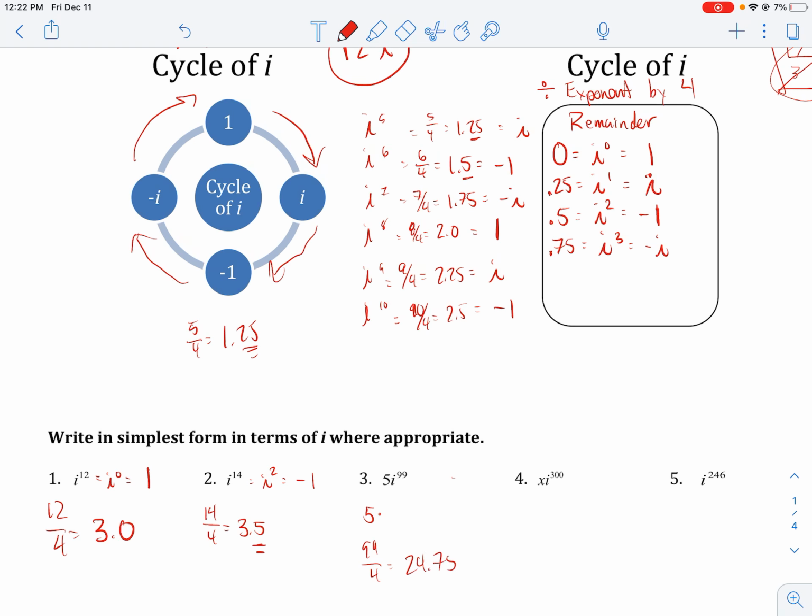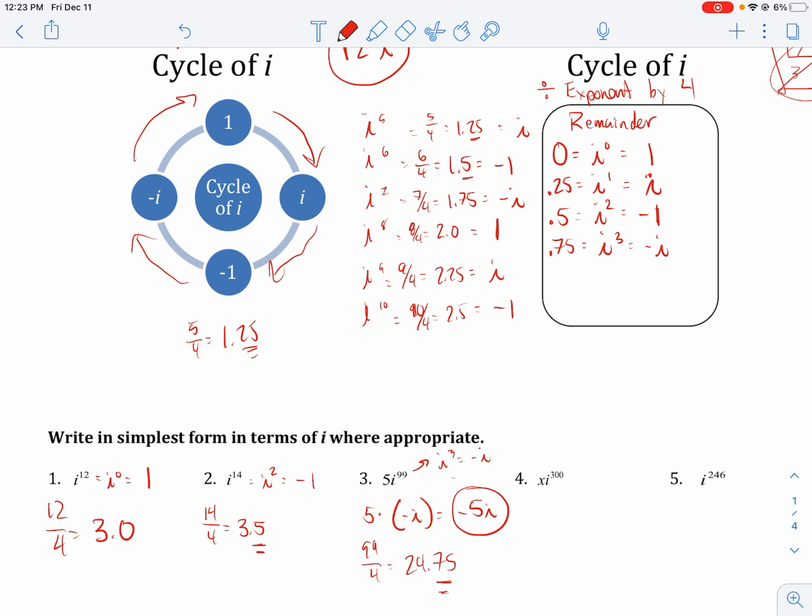Get 24.75, right? So you got a remainder of 0.75, which means i to the 99th power is just equal to i to the 3rd, which is equal to a -i. So I get 5 times -i, which is equal to a -5i.